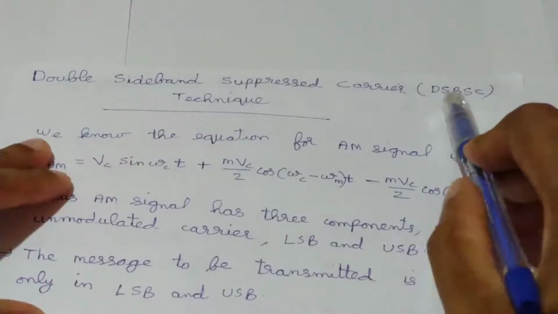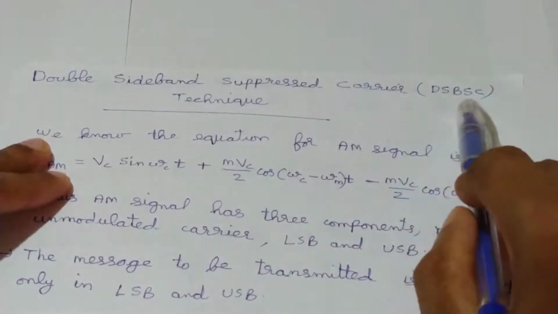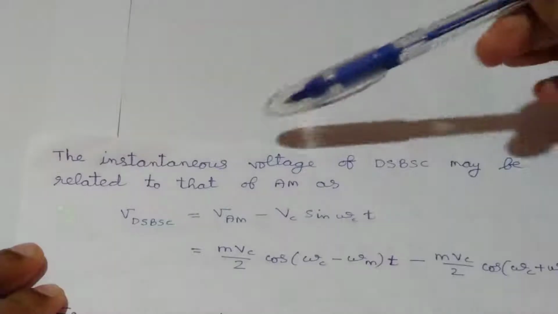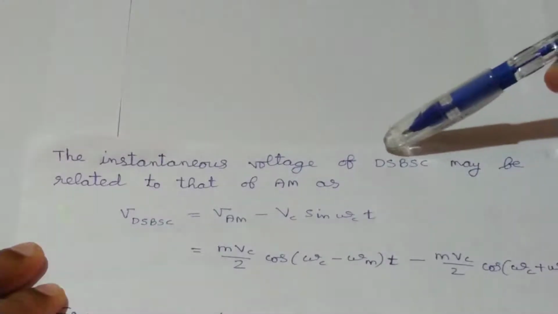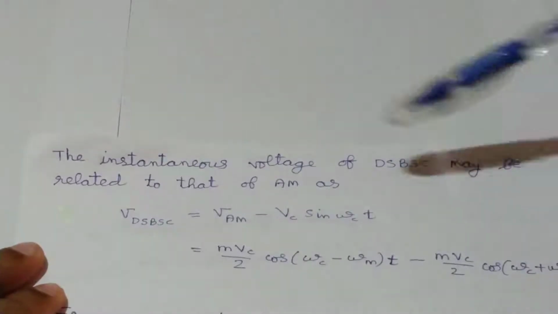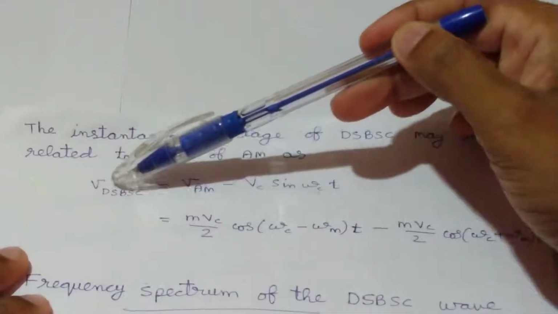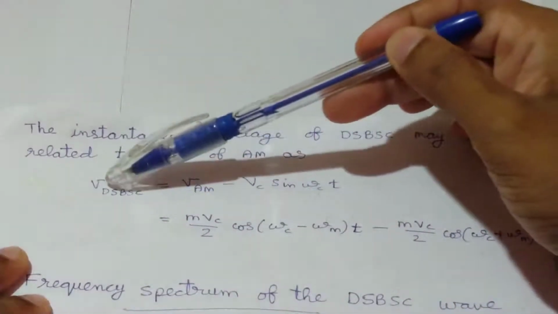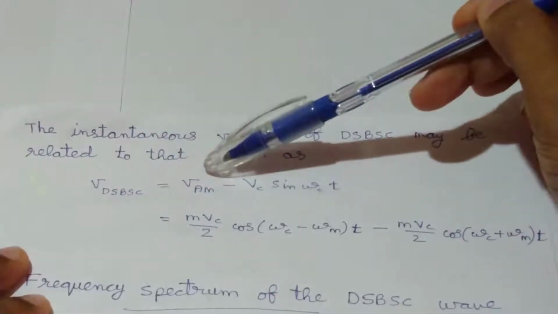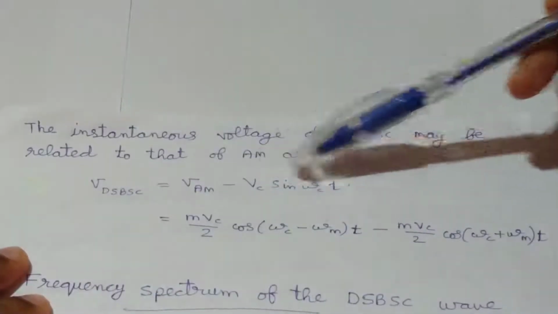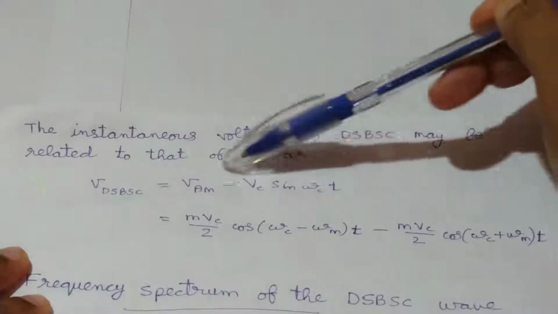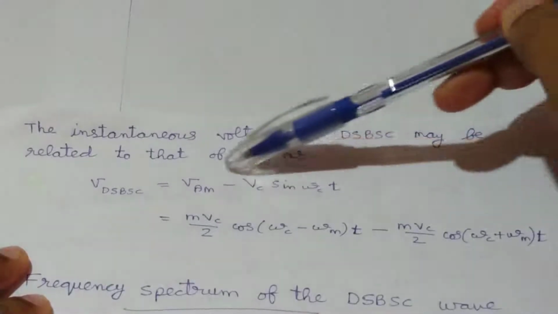Let's now check the equation for this double sideband suppressed carrier technique. So the instantaneous voltage of double sideband suppressed carrier may be related to that of AM as VDSBSC = VAM − Vc sin ωc t, because we are suppressing the carrier component here.